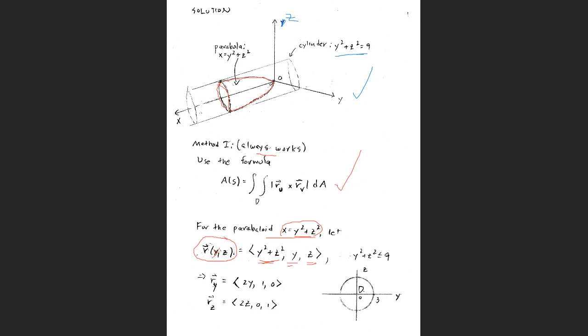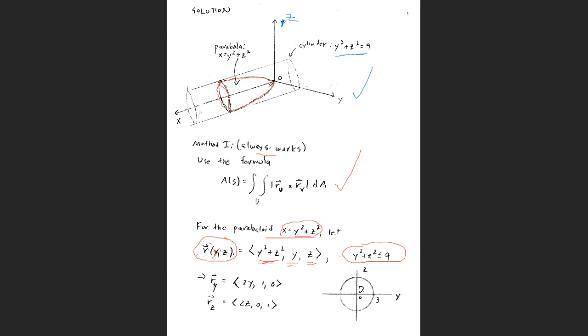Now, the parameters y and z have a restriction on them. The restriction is y squared plus z squared has to be less than or equal to 9. Why is that? Well, let's look at our picture. The paraboloid stops when it meets the cylinder.